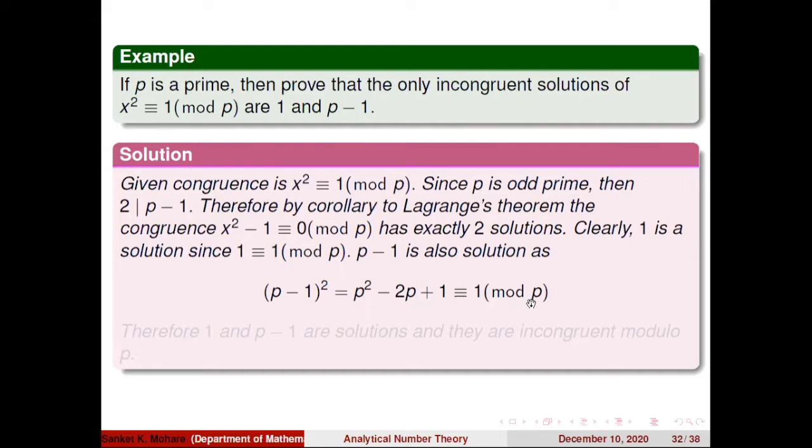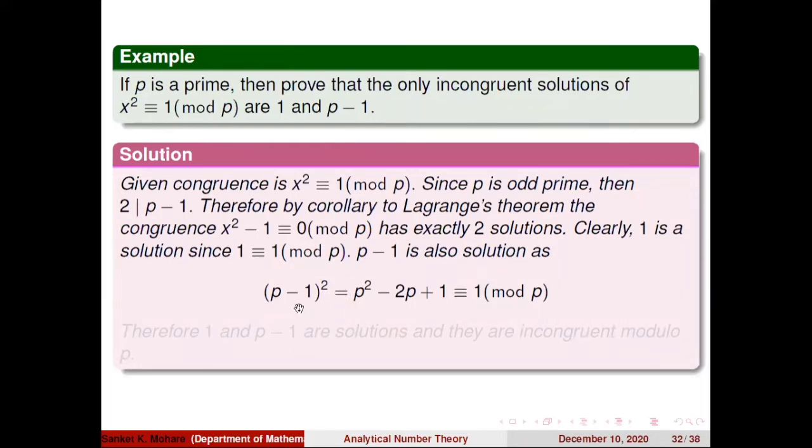When we say that a is congruent to b modulo n, if and only if n divides their difference, that is n divides a minus b. So here also p is dividing p squared minus 2p plus 1 minus 1. That's why p minus 1 squared is congruent to 1 modulo p.